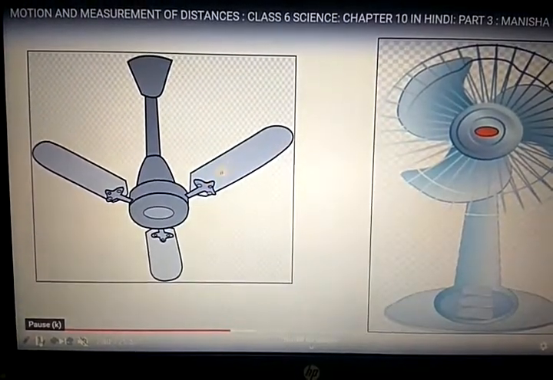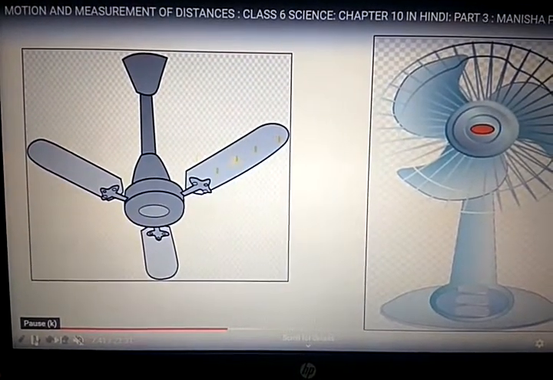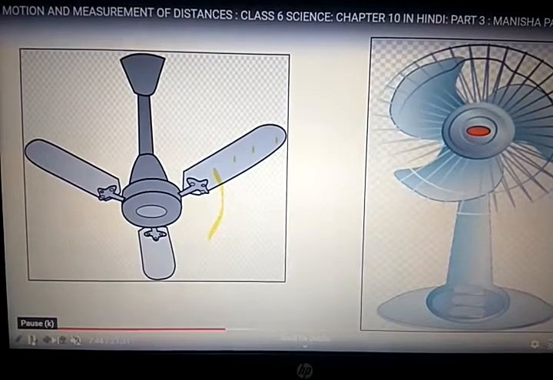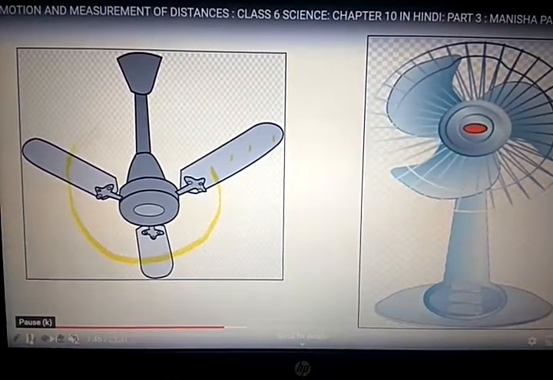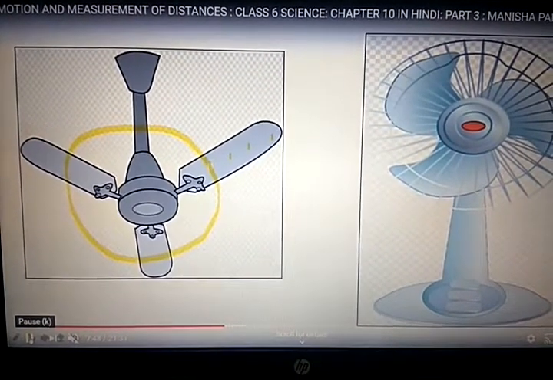Motion of the blade of a fan, circular motion. Second picture, pedestal fan, it also has circular motion.